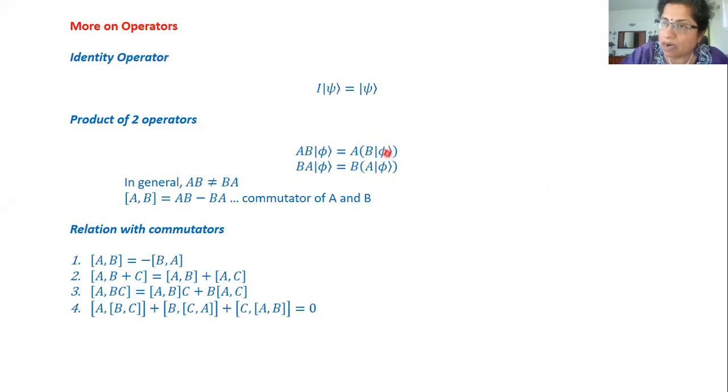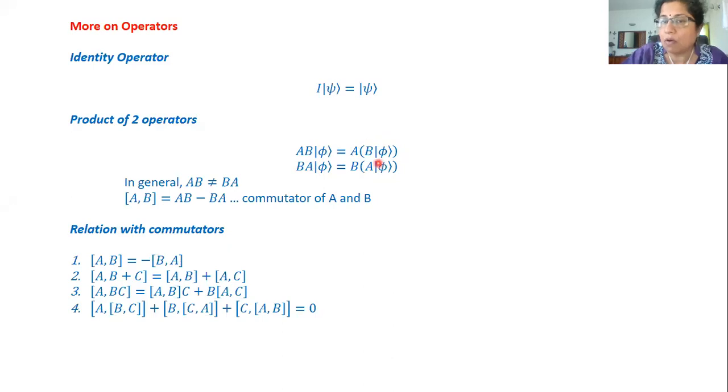Once you have done that, obviously B operating on phi will produce a new mathematical function or a new wave function, unless it's an eigenvalue equation. So once you have that wave function, on that you are operating A. And that is completely different from the situation here where I'm writing BA operating on phi. Here, what are you doing? You're taking that mathematical function and first operating A on it.